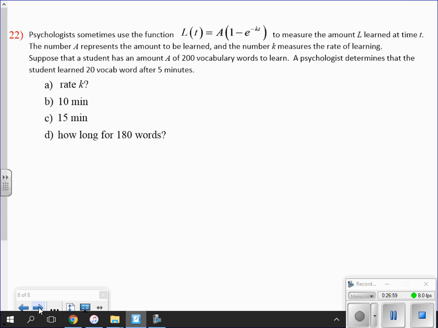The number K measures the rate of learning. So if you are learning a specific task, L is what you've learned of that task, A is the amount to be learned, K is the rate of learning for that task, and t is how much time has passed.